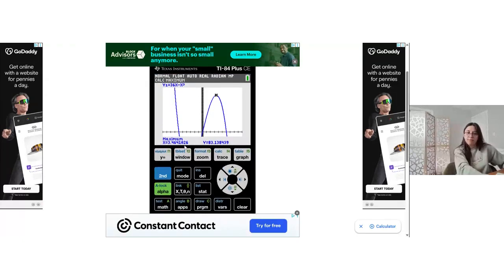And then I get my x and y values at the maximum. So the x value, or the width that would make this rectangle have the maximum area, is 3.46. The maximum area itself is 83.13. Or actually, that would round up, so 83.14.